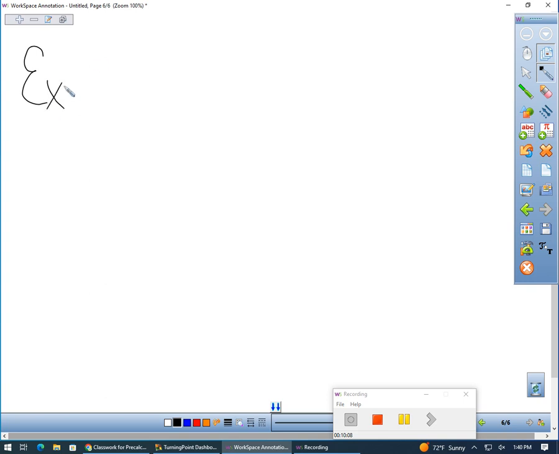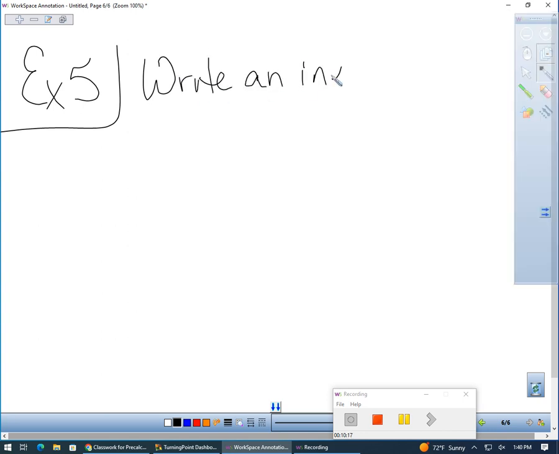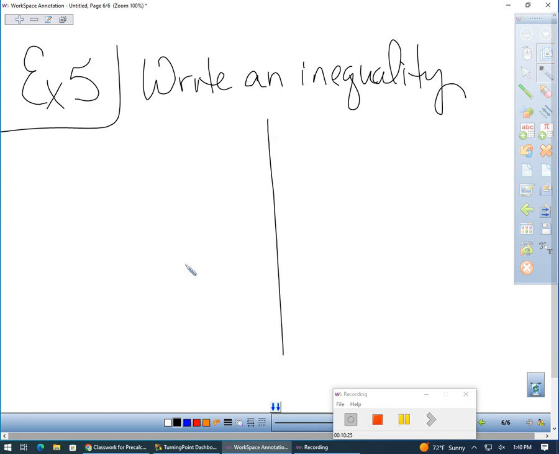Example number 5. You'll be fine. Right. No, you won't. Write an inequality. Let's say here's my graph. I know my graph's going to look beautiful here, but say it goes through this point.